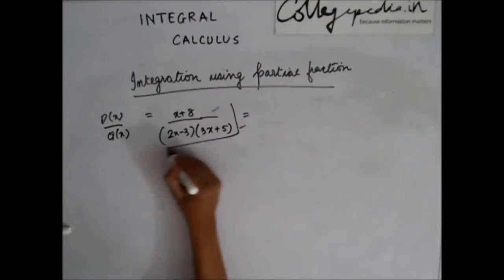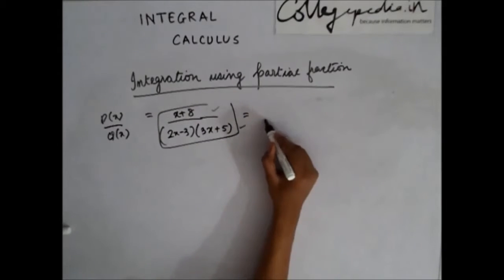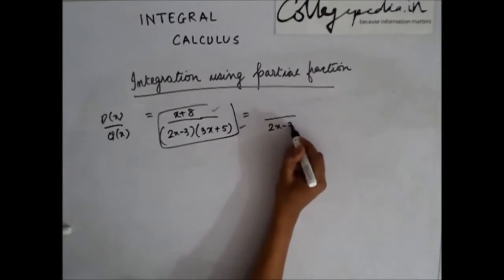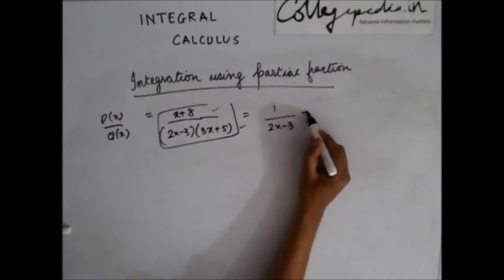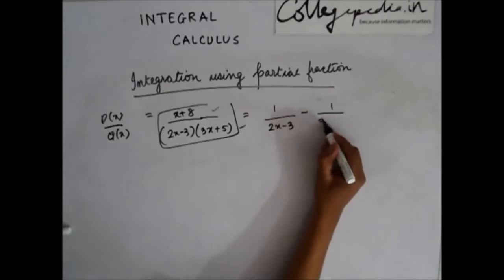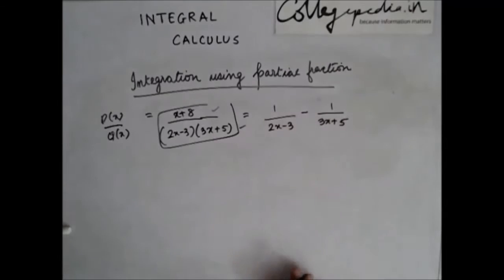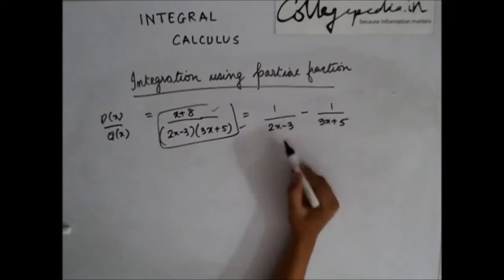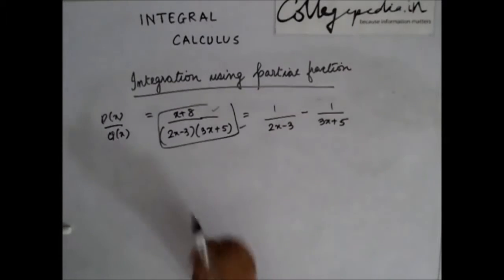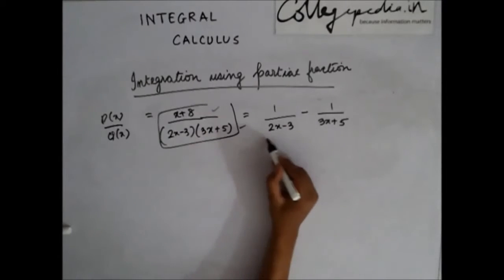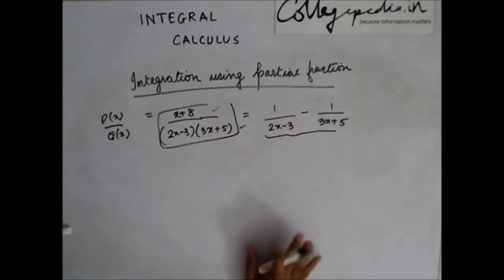This function I can also write as a sum of two fractions. You can see that if I simplify this, I'll get this equation again. So this is how I can simplify this.